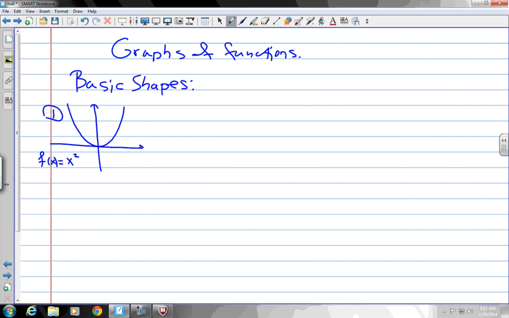No matter what a quadratic function is, you're going to end up with some version of a parabola. The cubic. So the general shape of a cubic function.